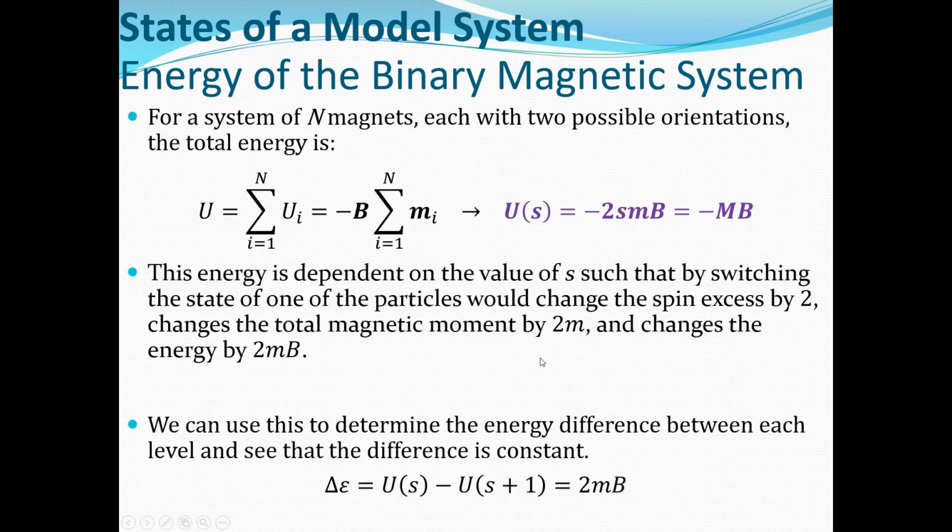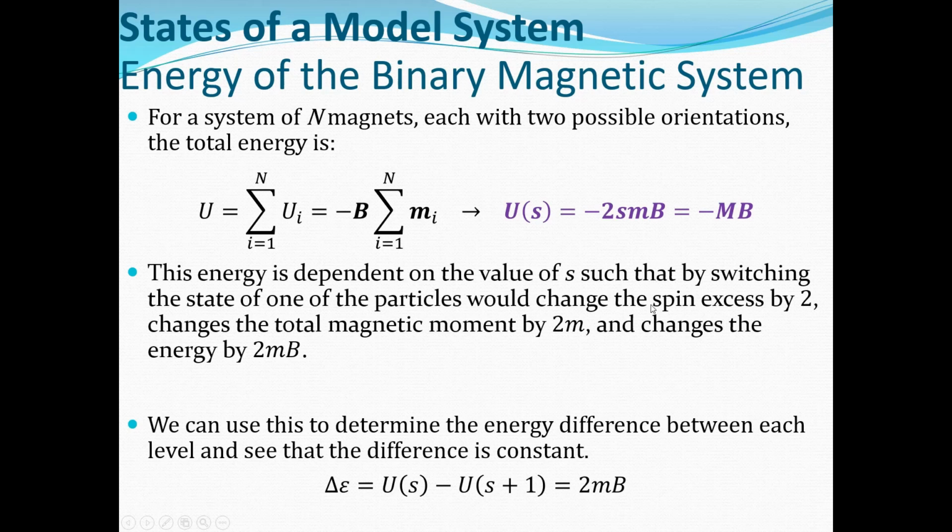It could also be rewritten like this, by saying that if we have multiple magnets, the total energy would be the sum of the energies of each of those magnets, and pretty much goes back to what we said before, where we could just replace that with S, 2S m B, and then this whole term just gets replaced with the total magnetic moment.